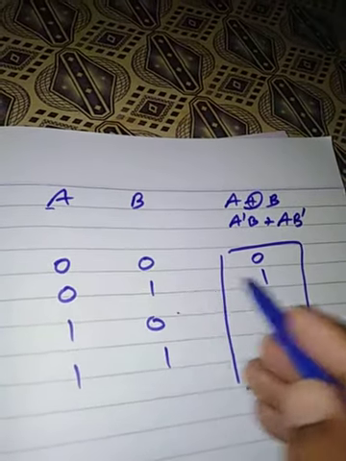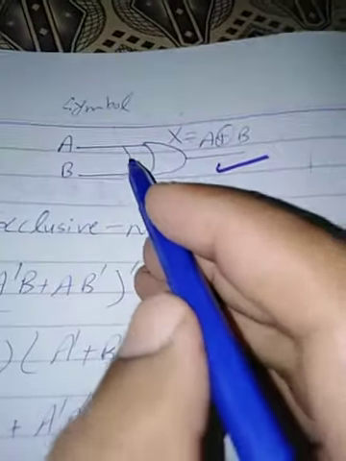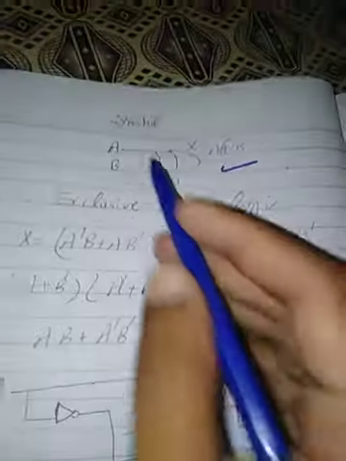When the inputs are different, its output is 1. Like 0 1 is different, output is 1. 1 0 is different, output is 1. This is its symbol diagram, and this is the logic diagram of exclusive OR.